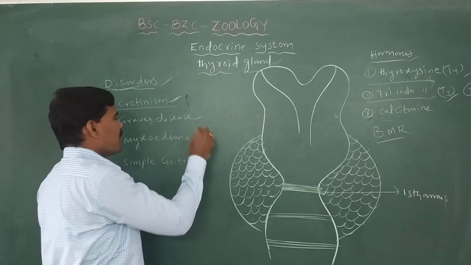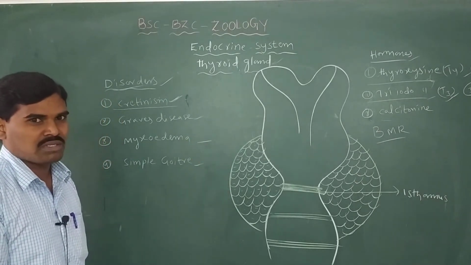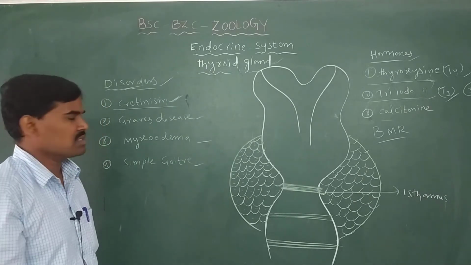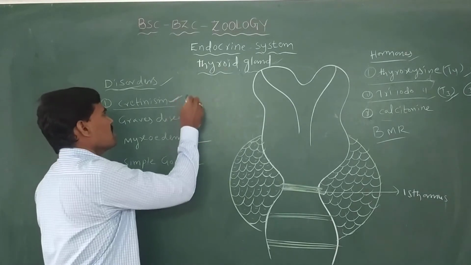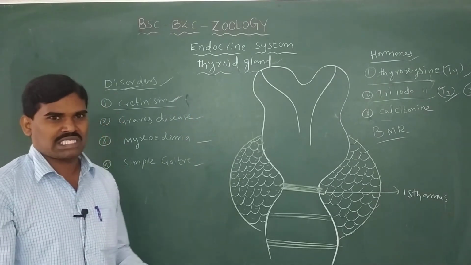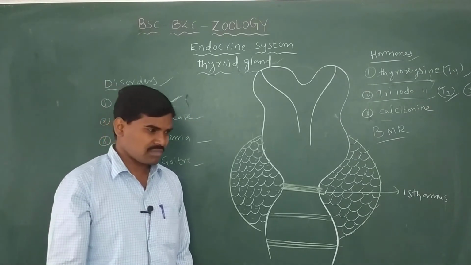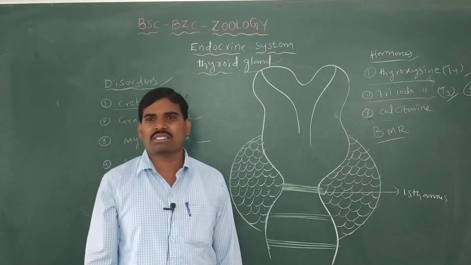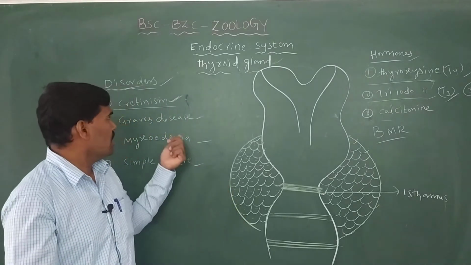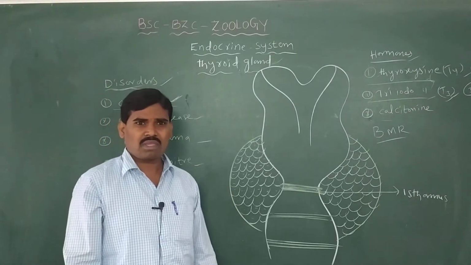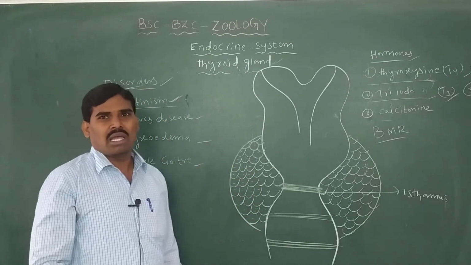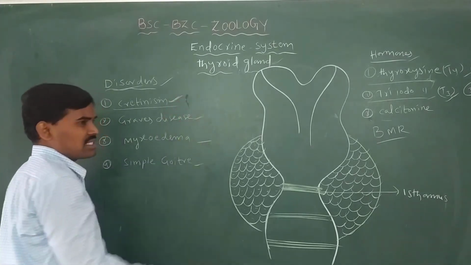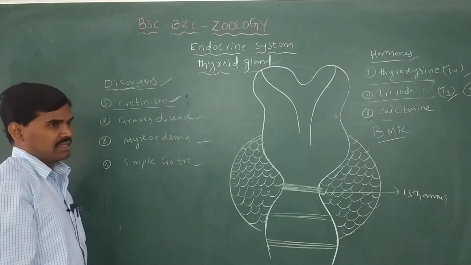In hyposecretion of thyroxine, some functions are delayed in cretins during childhood. There is stunted growth, delayed eruption of teeth, delayed hearing and speaking, a moon-shaped face, and other characteristics, all delayed.